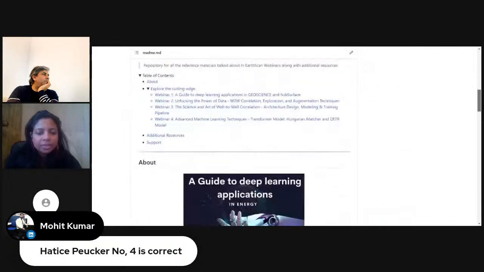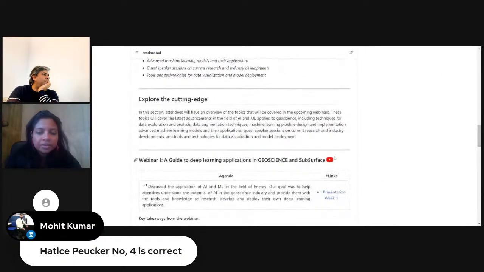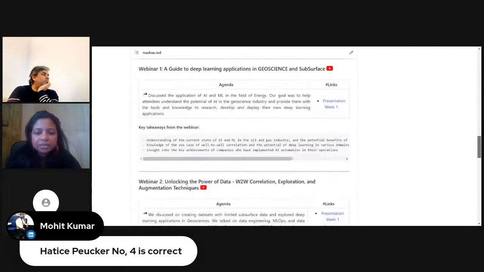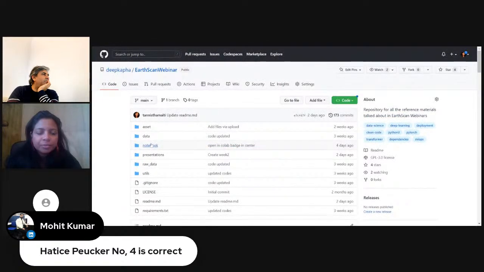You can see all the presentations; if you click on this icon, it redirects you to those presentations, and this is also linked to the PowerPoint. The notebooks are already uploaded here, in the notebook folder.